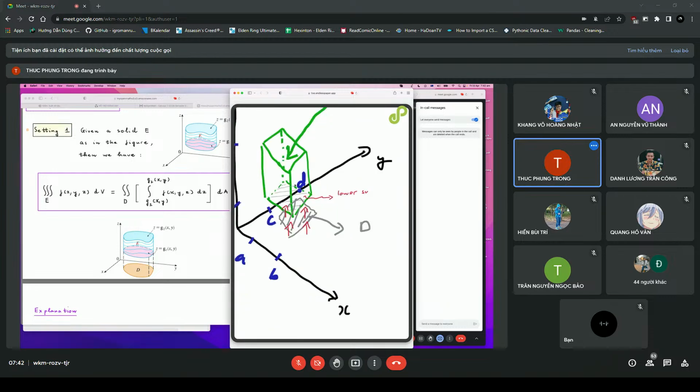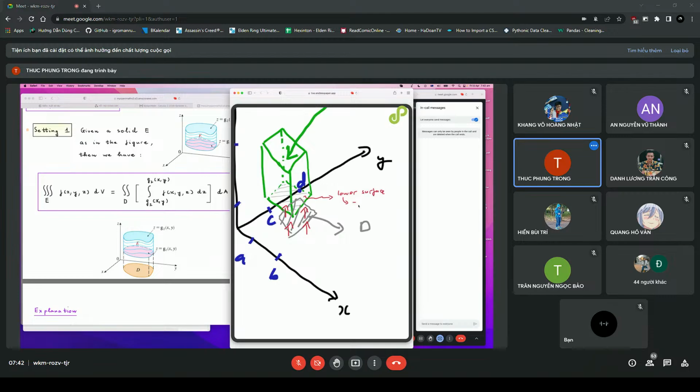Next we need an equation of this surface in the form z equals something of x, y.